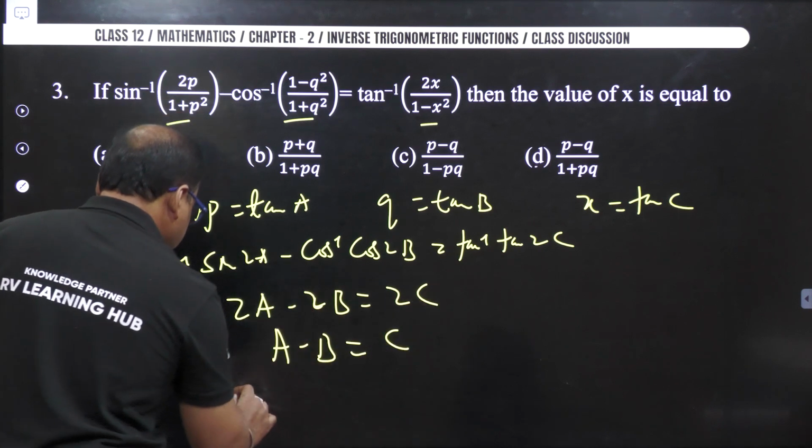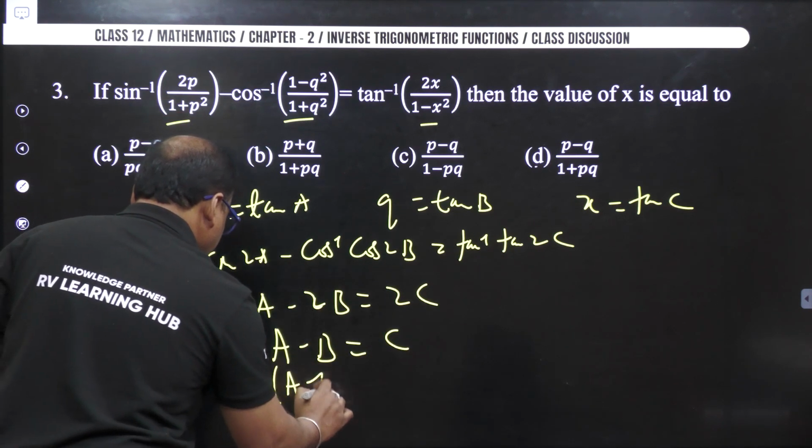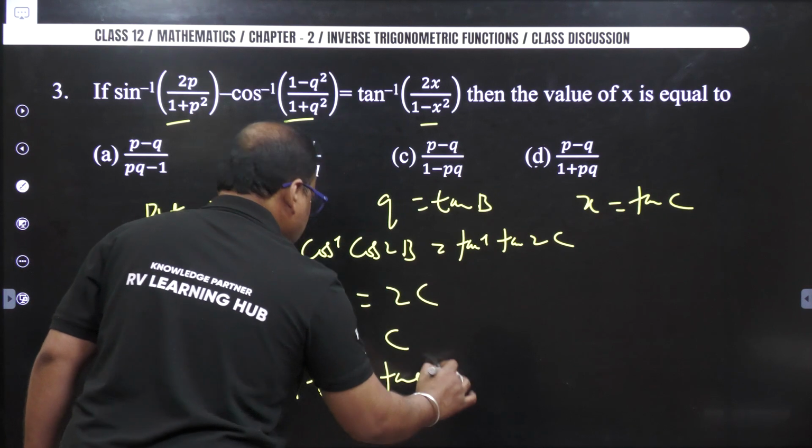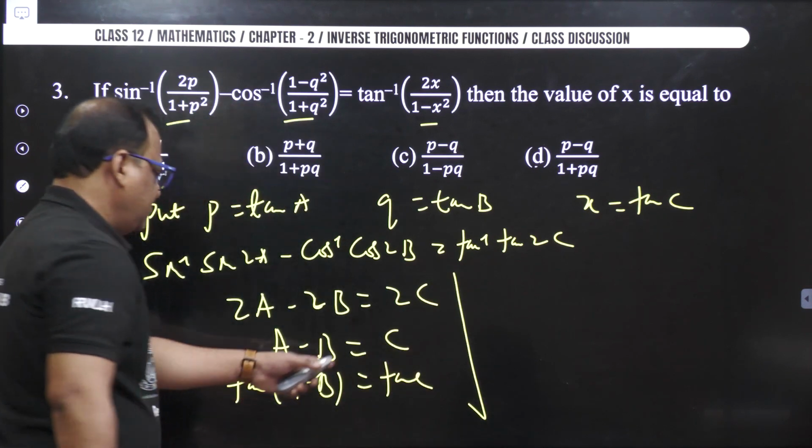So apply tan on both sides. Tan of A minus B is equal to tan C. So what is tan of A minus B?